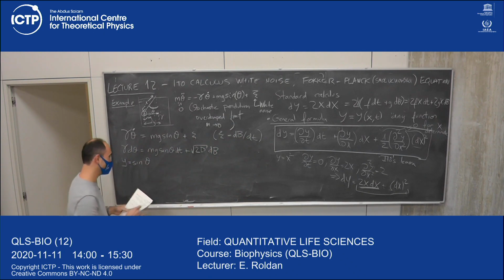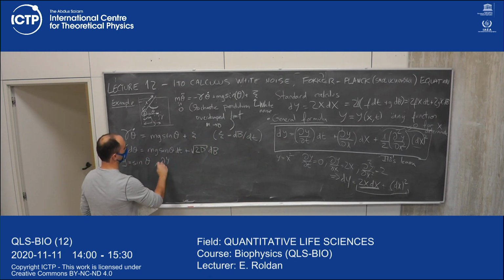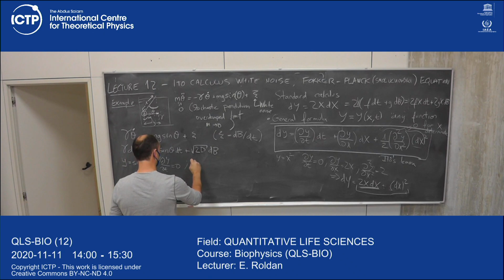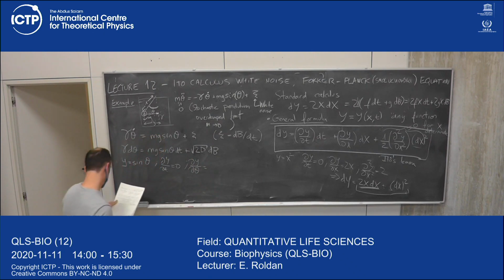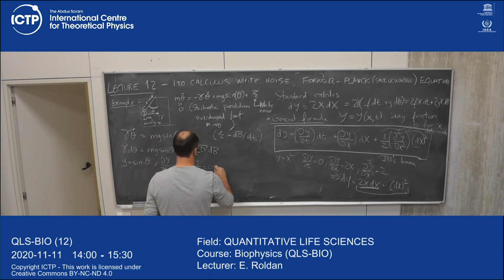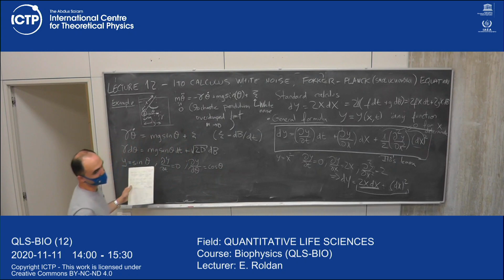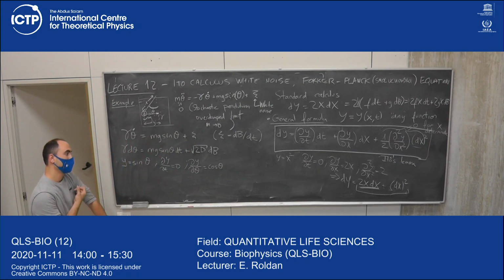So in this case, partial y with respect to t is 0. Okay, this is simple. Partial y with respect to theta is cosine of theta. The derivative of sine theta with respect to theta is the cosine.